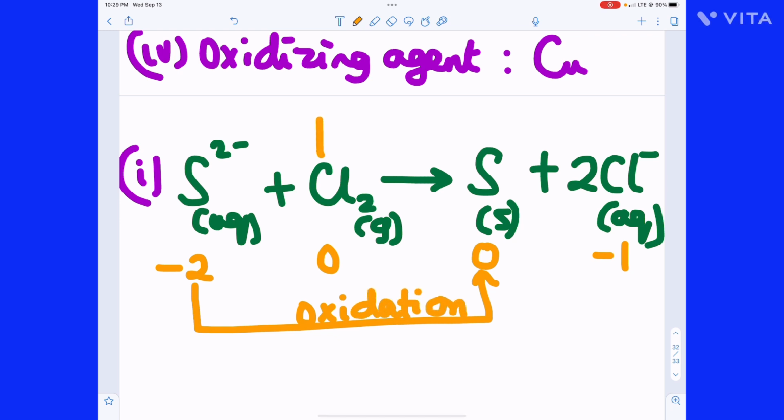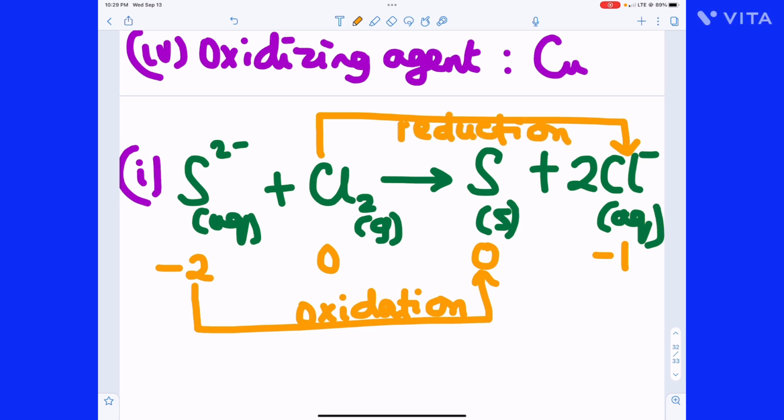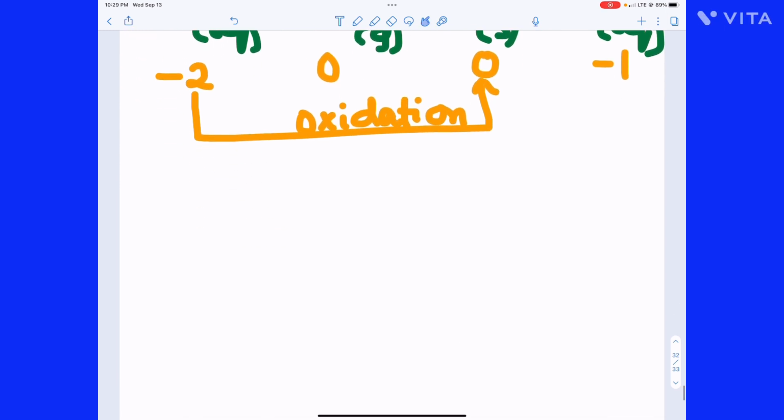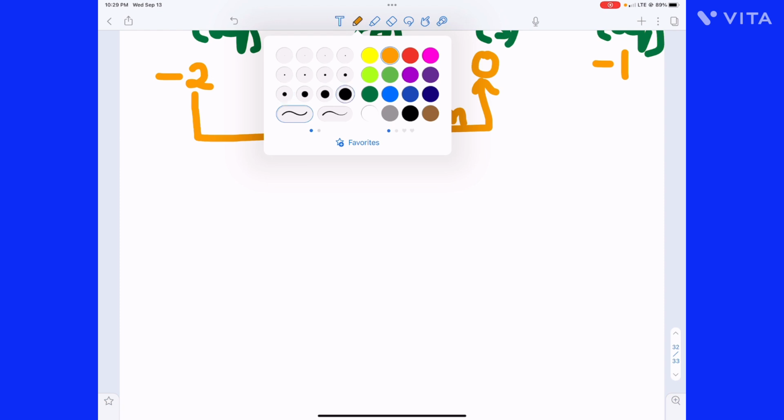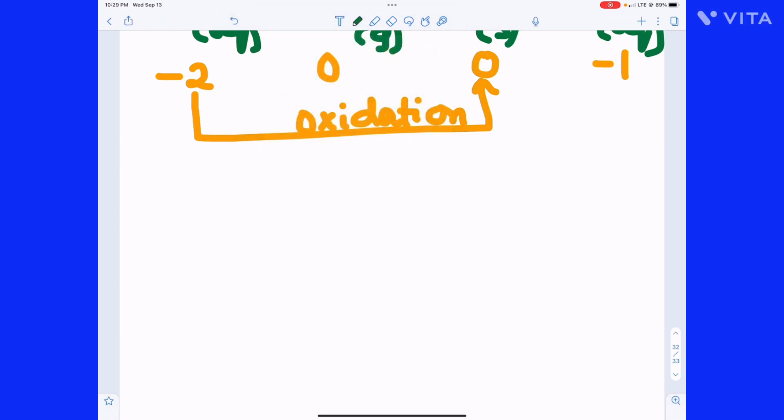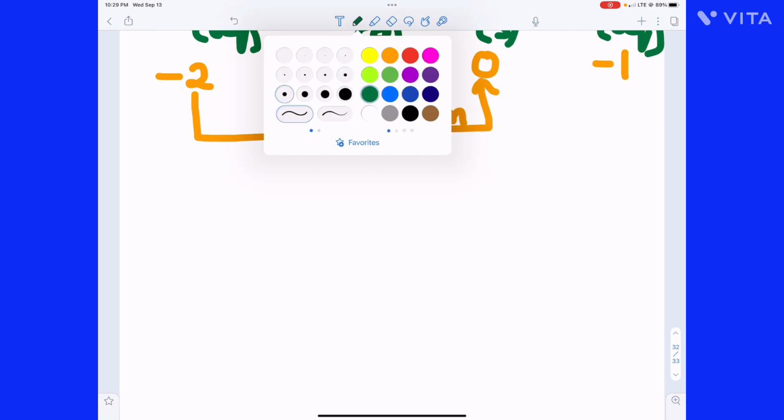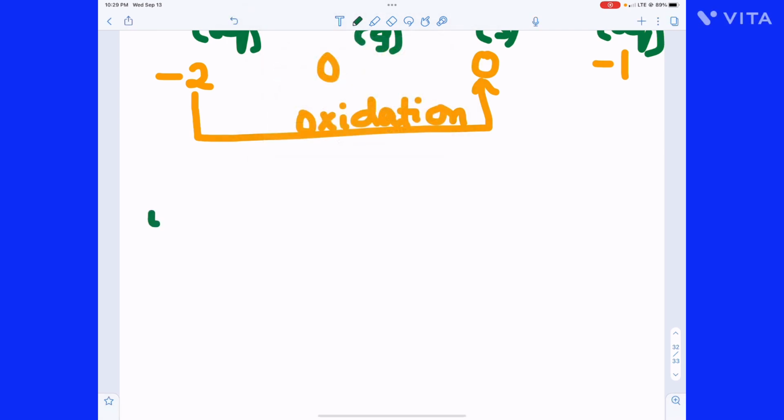Now with chlorine, this is a decrease in oxidation number because the oxidation number reduced from 0 to -1. So this is a what? Reduction. Take note of that. So what substance is oxidized?